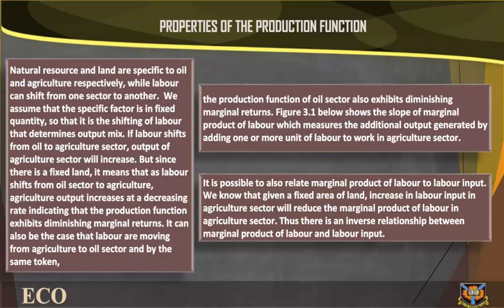But since land is fixed, as labor shifts from the oil sector to agriculture, agriculture output increases at a decreasing rate, indicating that the production function exhibits diminishing marginal returns. It can also be the case that labor is moving from agriculture to the oil sector, and by the same token, the production function of the oil sector also exhibits diminishing marginal returns.